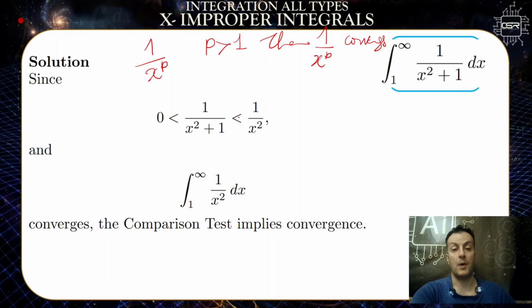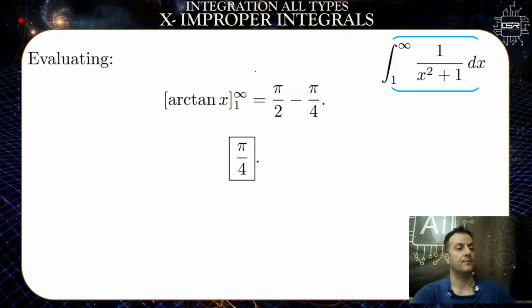Now, here by comparison, 1 over x squared plus 1 is less than 1 over x squared, given that the denominator is larger because it has one added to it. Okay? Hence, given that the integral of 1 over x squared dx from 1 to infinity converges, this implies the convergence of 1 over x squared plus 1 as well. And after that, we evaluate, which has actually already been done. So the value of the integral is equal to pi over 4.